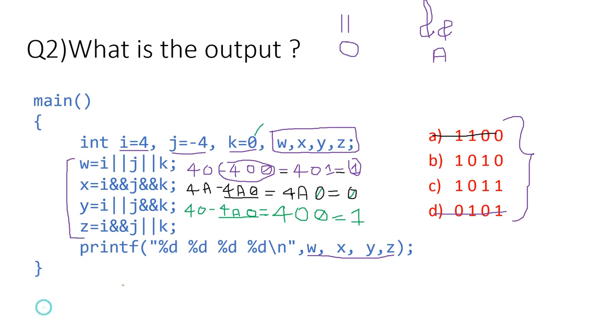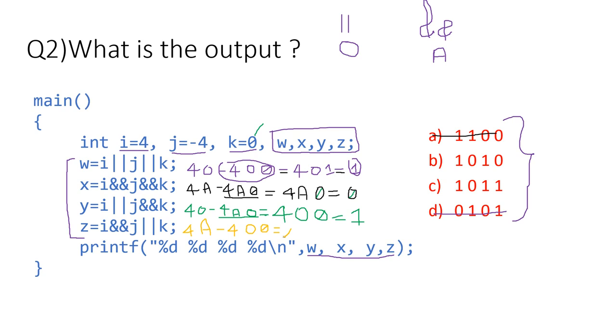So the next one is 4 and minus 4 or 0. Okay, again I'm going to differentiate this 0. So compute it from the right side, minus 4 or 0.